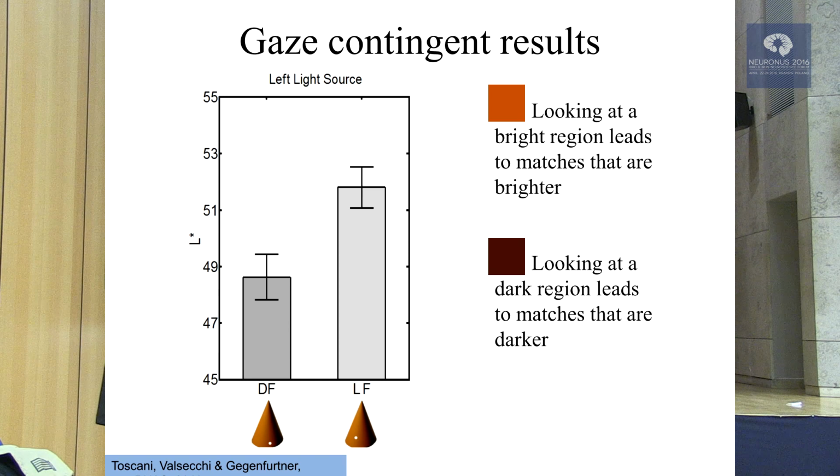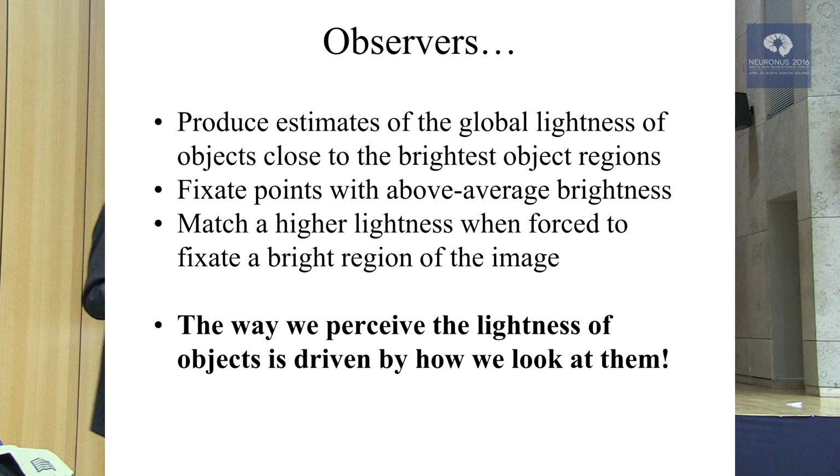So the position where we fixate the object has a causal and direct effect on our perception. So this means that the way we perceive the lightness of objects is driven by how we look at them.